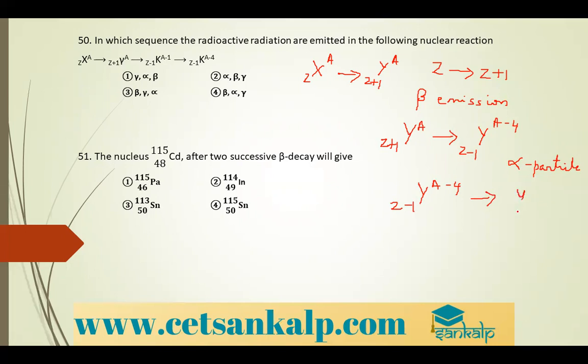Since A and Z remain the same, it is gamma emission. So beta, alpha and gamma, option D.